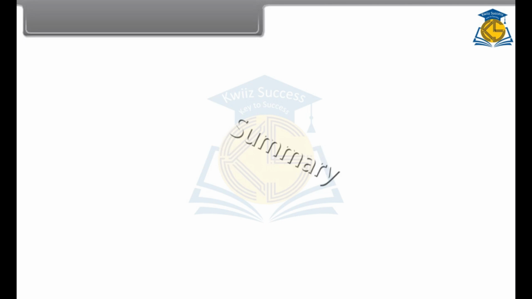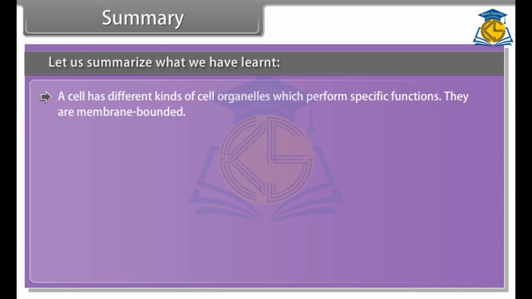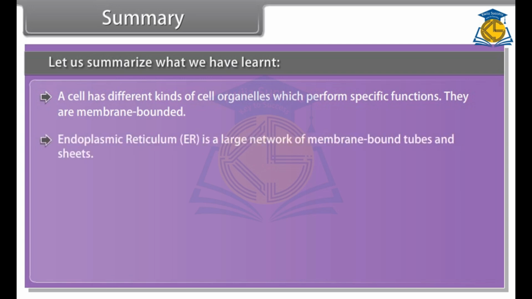Summary. Let us summarize what we have learned. A cell has different kinds of cell organelles which perform specific functions. They are membrane-bounded. Endoplasmic reticulum, ER, is a large network of membrane-bound tubes and sheets.